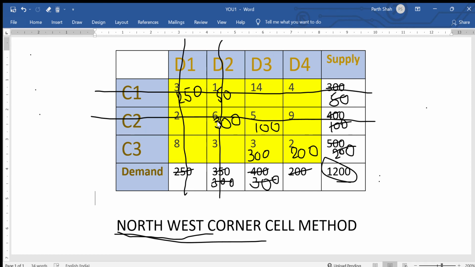For company 2, 300 plus 100 is 400. For company 3, 300 plus 200 is 500. Now for demand: 250, 250. 50 plus 300 is 350. 100 plus 300 is 400, and lastly 200. So all demand and all supply are exhausted, and each demand is completely met by the supply. The problem is solved, and the allocation is done perfectly.